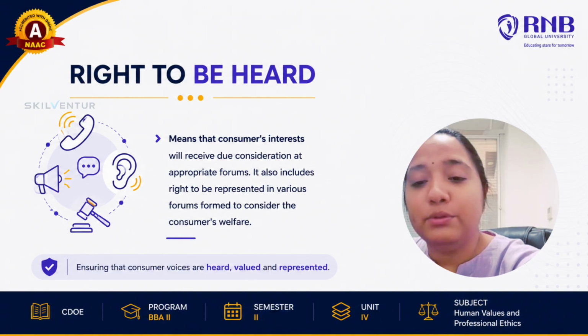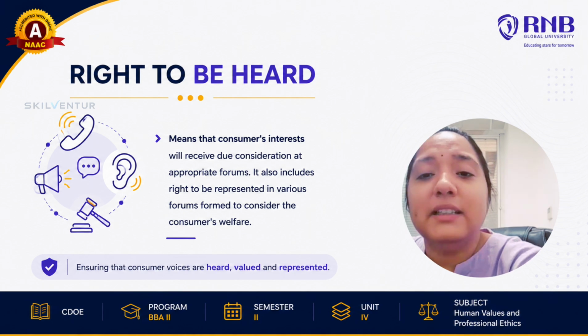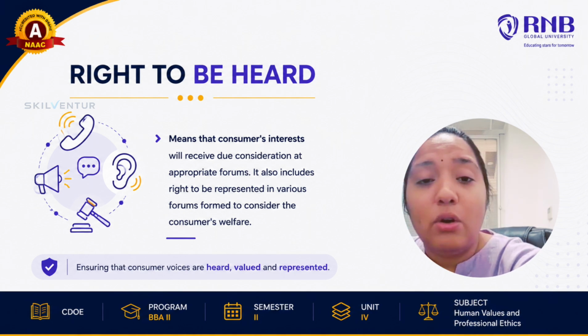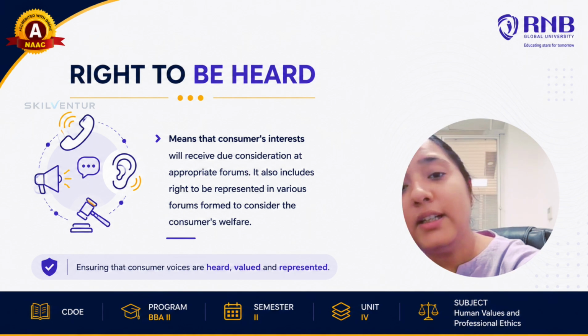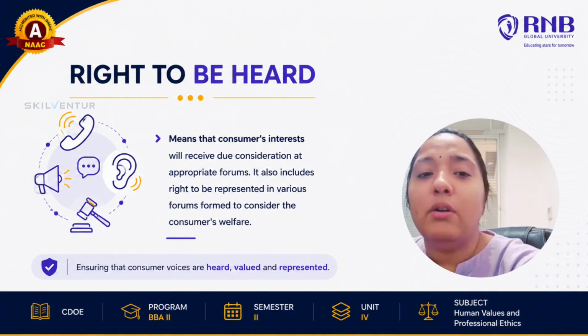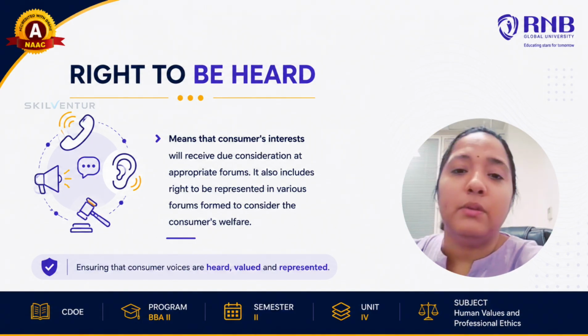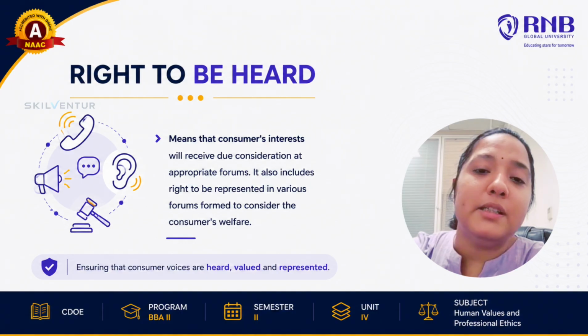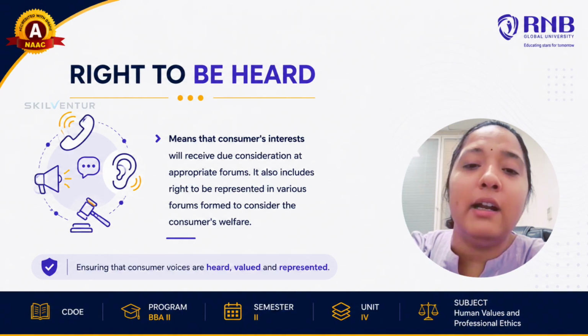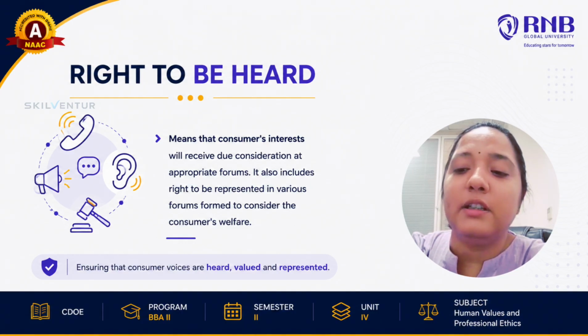For example, if a customer buys a product that is damaged or not as promised, they can raise a complaint with the company or approach a consumer forum. And their complaint must be heard and properly considered.